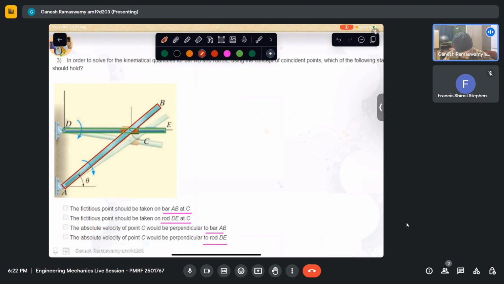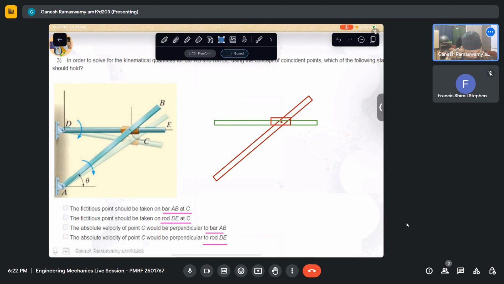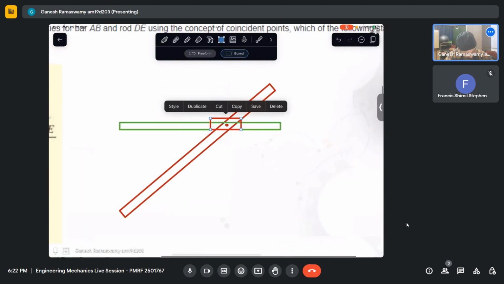And then we have one collar like that, and then I have a pin. So let me take this here. Okay, first let us look at this section.